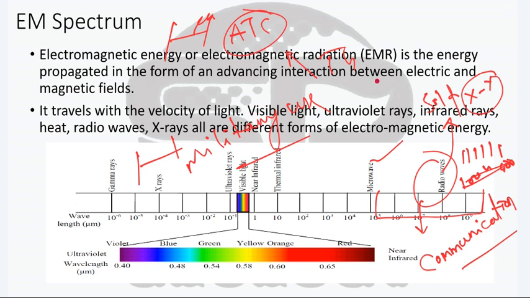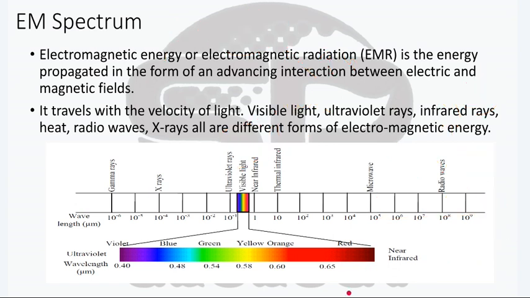So these are the radio waves, they are used for communication. Everyone understood? Okay, so these are all the bands, they are used for remote sensing. Oh, sorry, not all are used for remote sensing. For remote sensing, this portion is used.